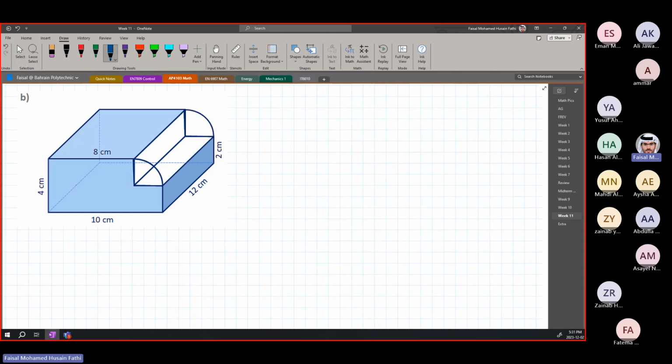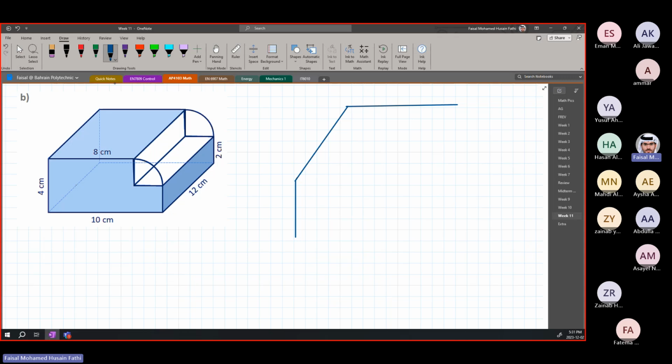Part B, they are trying to trick you. I'm just letting you know from now. And I will show you how you can understand or see it. So, the shape here, if I want to redraw the entire shape, the full shape, I'm going to try my best to keep it clean.